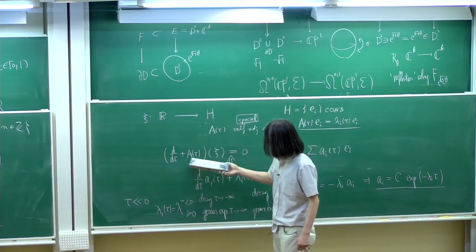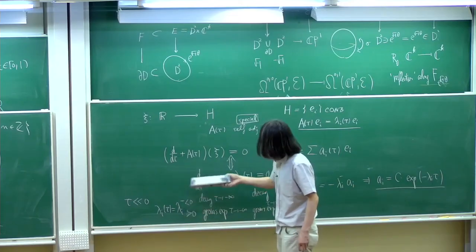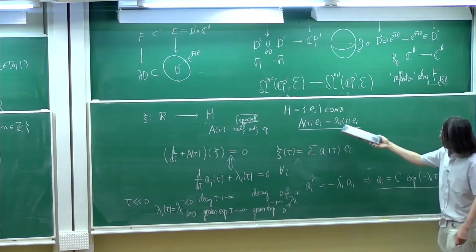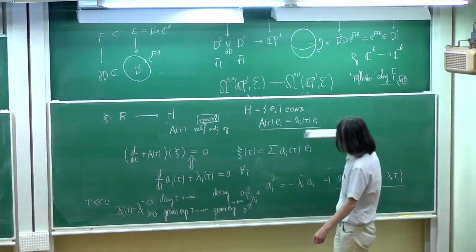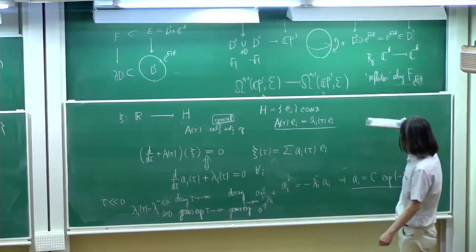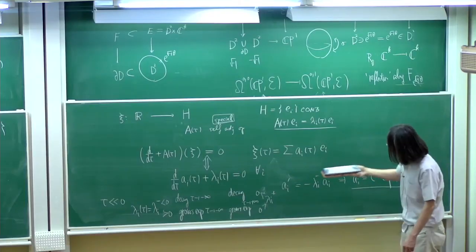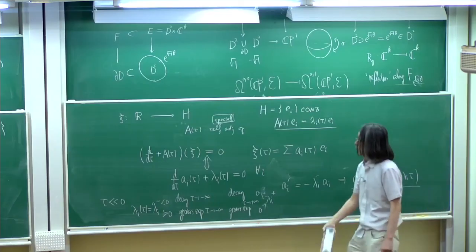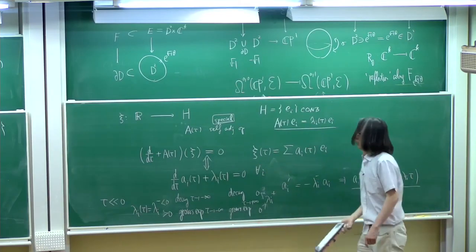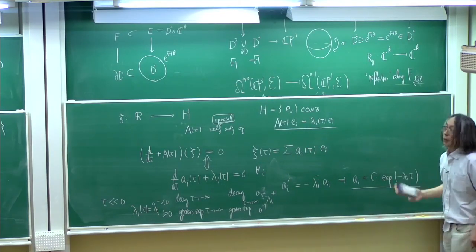So therefore, the solution space is just the following. You look at the eigenvalues lambda_i(tau), and how the function lambda_i crosses 0, right? So if it goes from negative to positive, it will contribute a solution, but otherwise it does not. So this is one.